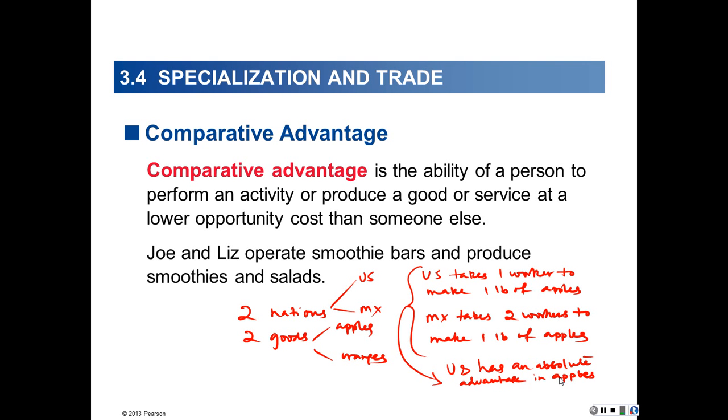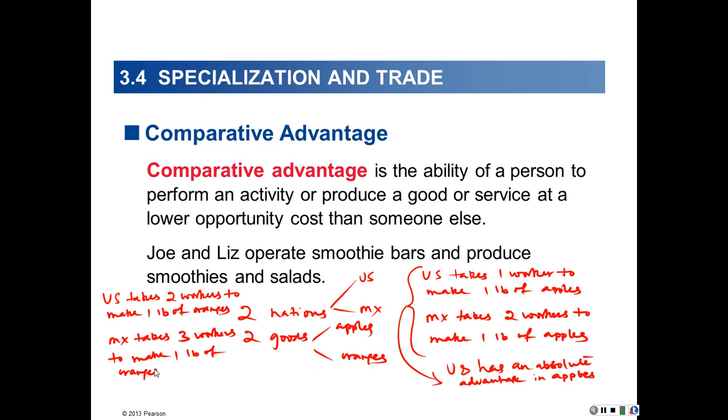Now, it could well be that the US is better than Mexico in oranges as well. So let's just say that the US takes 2 workers to make 1 pound of oranges. And Mexico takes 3 workers to make 1 pound of oranges.